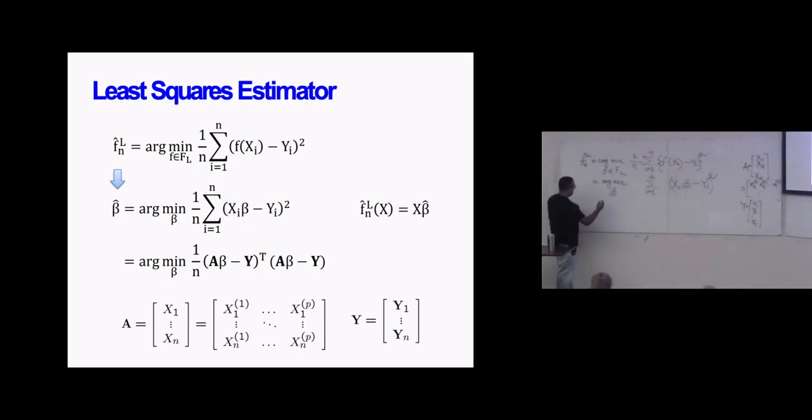If we do this, then we can further simplify this function as A beta minus y whole square, right? Because there is a whole square. But in a matrix format, what we do is a transpose and the original matrix. So squares in matrices are essentially written like this. This is essentially A beta minus y squared. Questions?